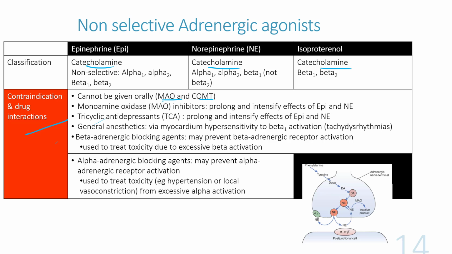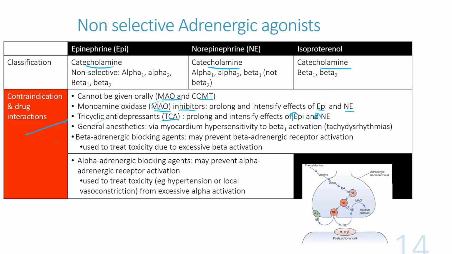When given at the same time as monoamine oxidase inhibitors, monoamine oxidase can't work because it's been inhibited by the MAOI, and so the effects of epinephrine and norepinephrine are prolonged specifically. And with TCAs, they also affect the metabolism and the pathway of epinephrine and norepinephrine, and so those effects are intensified.